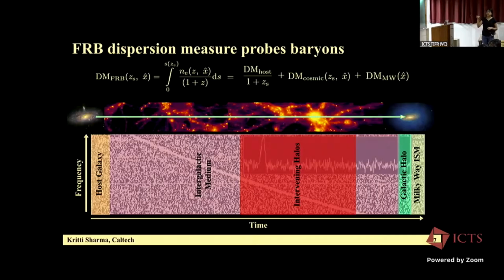There are ways of modeling the Milky Way ISM contribution based on our understanding of pulsars in our own galaxy. And for the galactic halo also, we know that it's of order 50 to 80 parsecs per cc. But we poorly understand this combination of host and cosmic DM, and the observable of primary interest is the cosmic DM. So DM host ends up being degenerate with our primary observable of interest. So we need to have some way of modeling this.